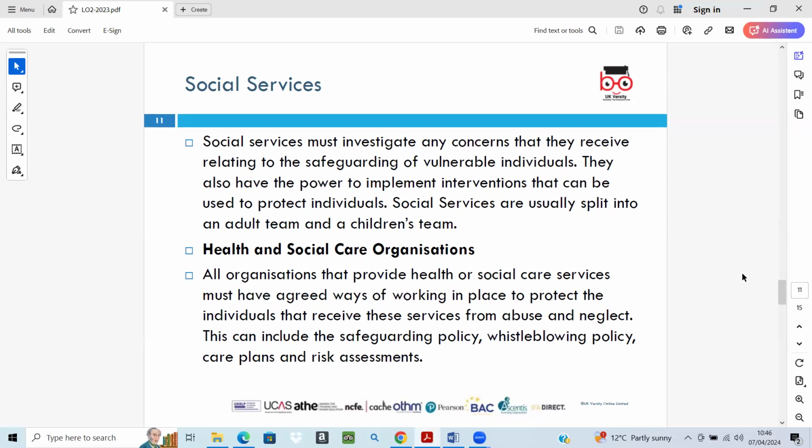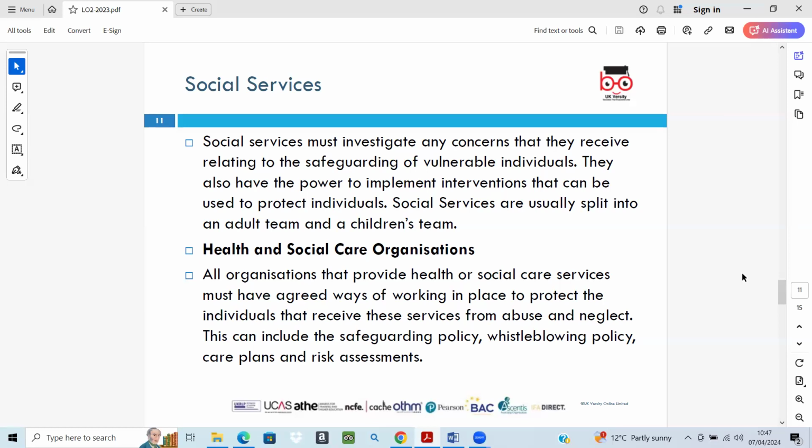Now, someone may ask why it is important for social services to have separate teams for adults and children. The answer is it allows for specialized focus, experience and expertise in addressing the unique needs and risks associated with safeguarding adults and children. For example, the legislation or the procedure would be different.